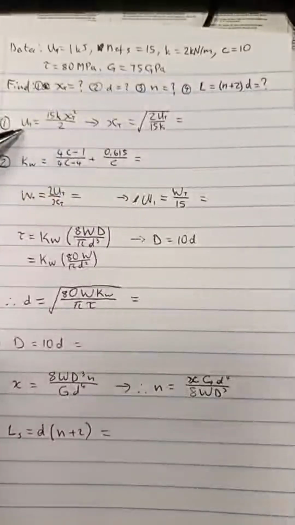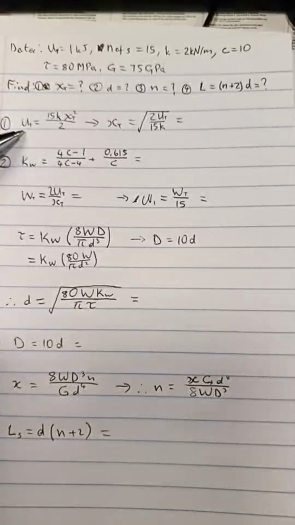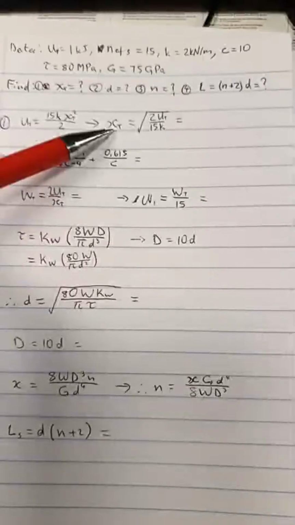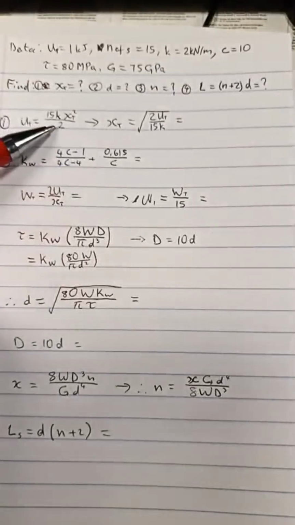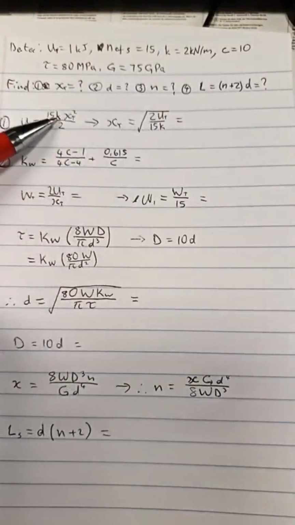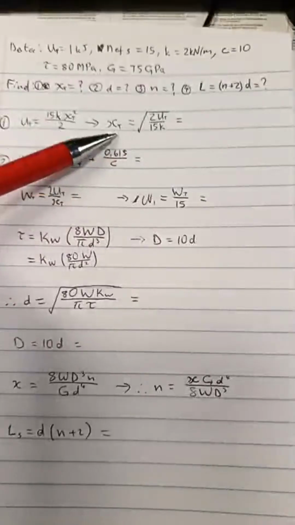We used the formula for energy, for work done, strain energy. Then that was the formula for it. After that, we got XT. We multiplied by 2, then we divide by 15k. Then you get the answer for XT.